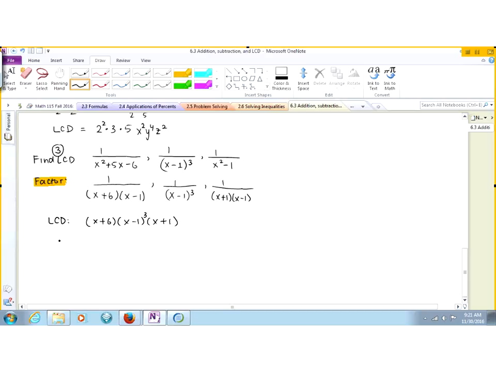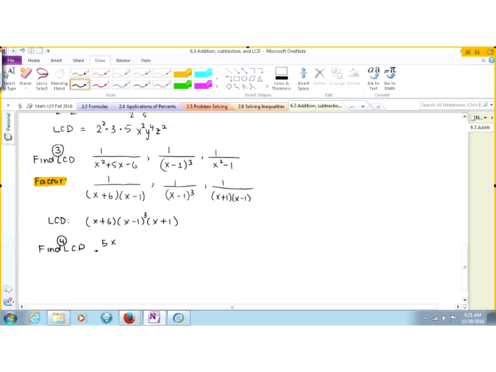Now, last one on finding LCD. So number 4. Let's find the LCD of, let me see what they have. Do you want an easy one? Yeah, let's find an easy one.